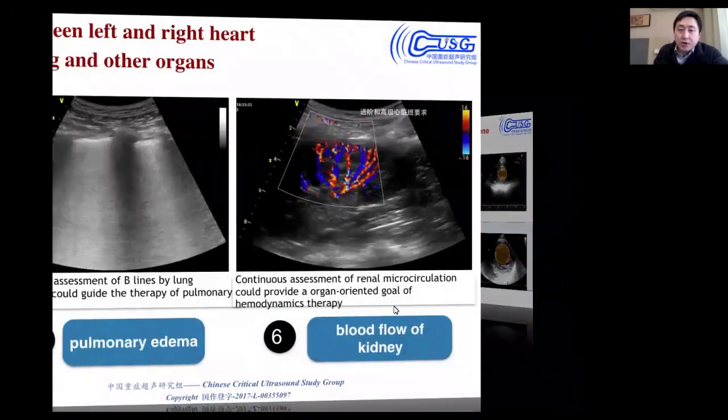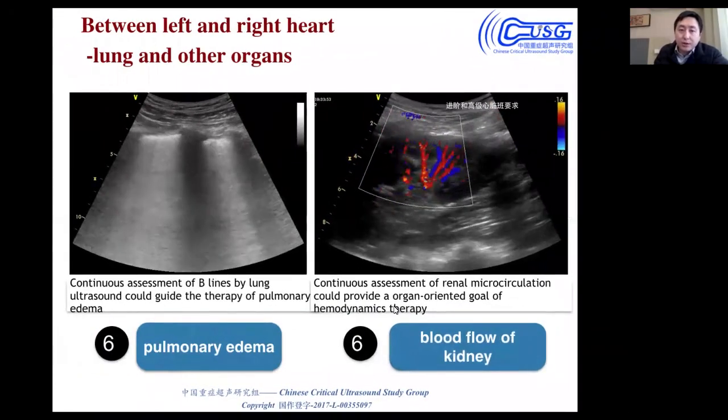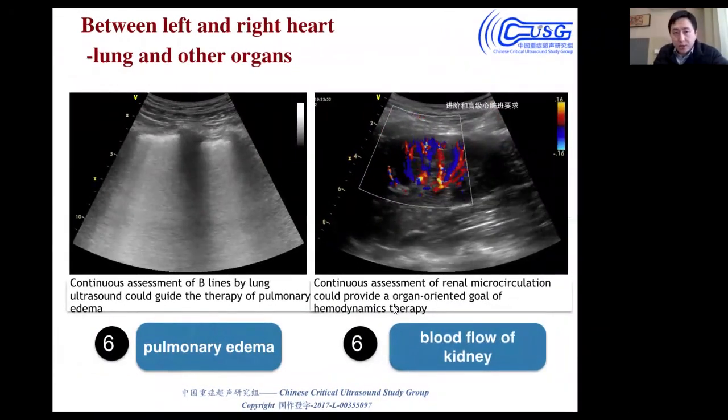And the sixth step will do the assessment of the lung and the kidney, as the two organs are markers to assess the risk, or the negative consequence, of the hemodynamic treatment.